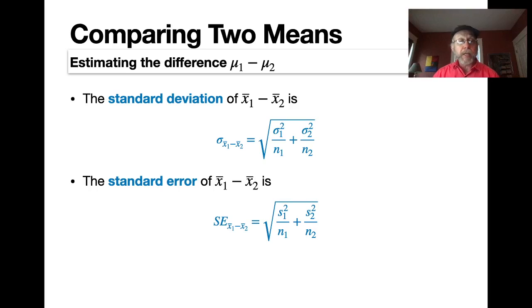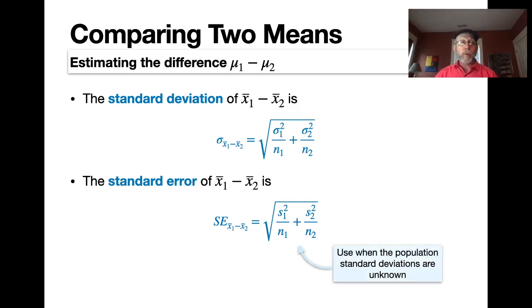That results in the standard error of our point estimate. And so our standard error is just our estimate for the standard deviation of our point estimate. And the estimate is based on the sample standard deviations, which of course we can always know since we have sample data.